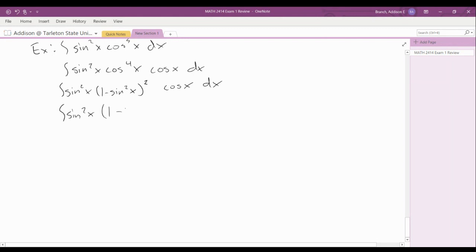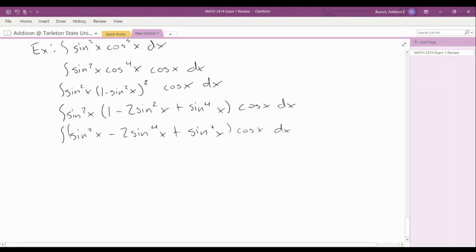So we're going to get 1 minus 2 sine squared of x plus sine to the fourth of x, cosine of x dx. Then we distribute that sine squared. We're going to get sine squared of x minus 2 sine to the fourth of x plus sine to the sixth of x, all times cosine of x.